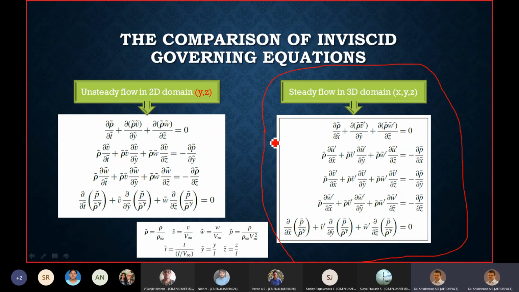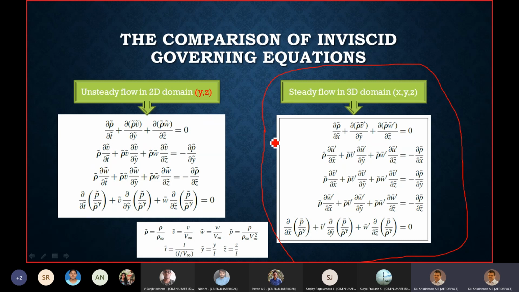Dou rho dash by dou x bar, etc., where all of them are non-dimensionalized, and the velocity components are expressed as perturbation components, V dash, V by V infinity, W dash, W by W infinity, etc. They are all small perturbations, and we have seen the assumptions related to that. Needless to say, the set of equations applies to inviscid, steady flows. You don't have the time term in that.